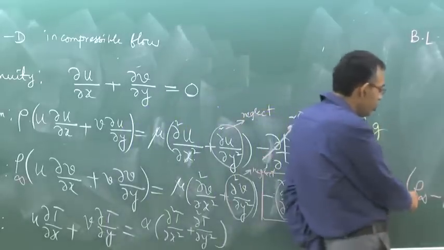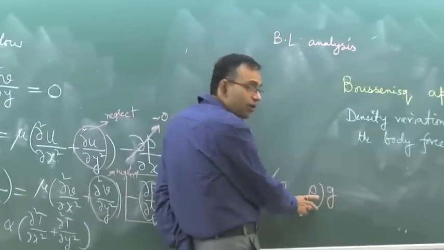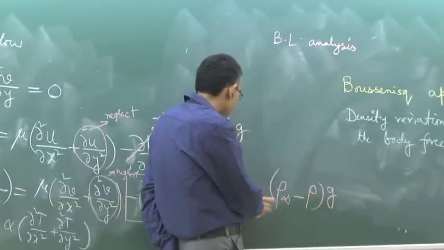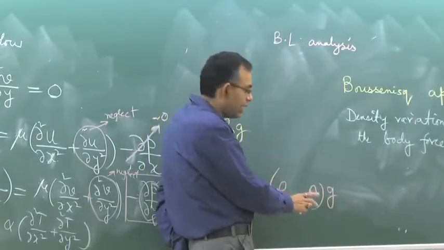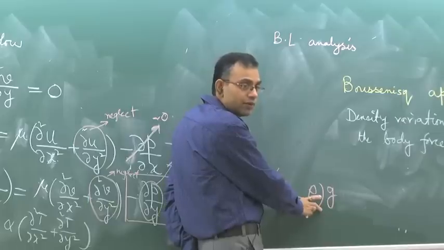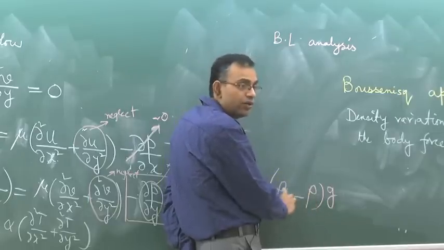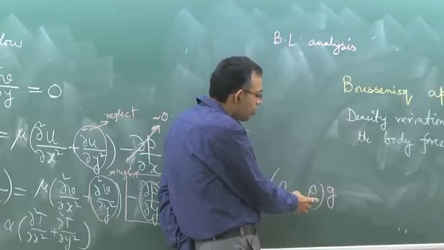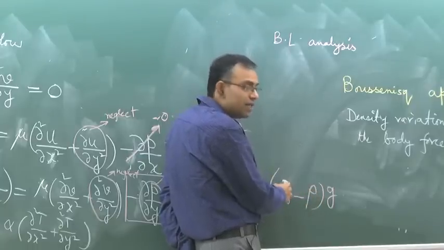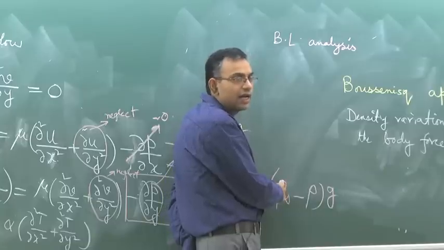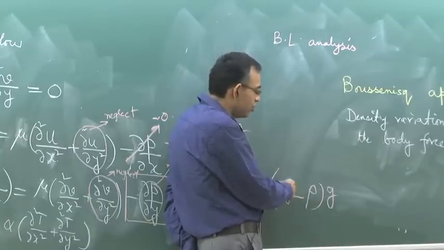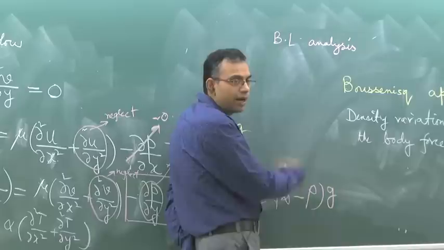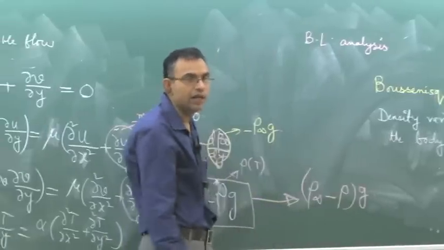Now you can see from the equation that it is this term that is driving the flow, the difference between rho infinity and rho, right. So how do you bring the temperature dependence into account? Everything is not an ideal gas, so you cannot write it simply by using the equation of state of an ideal gas.